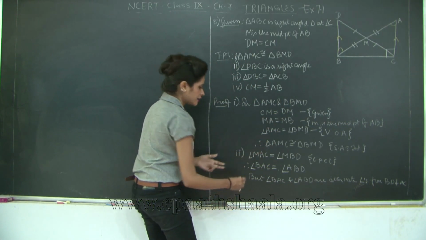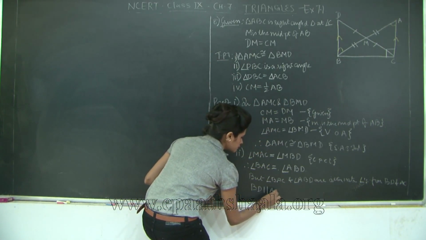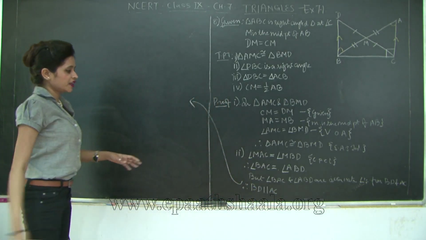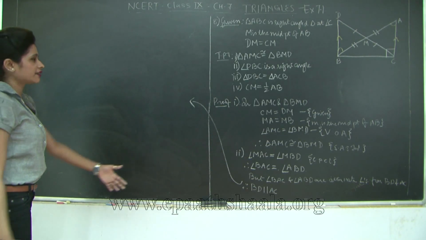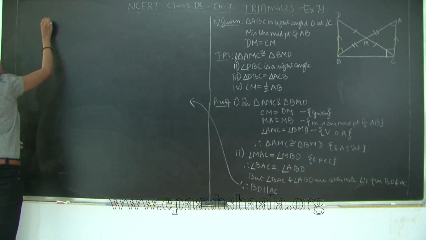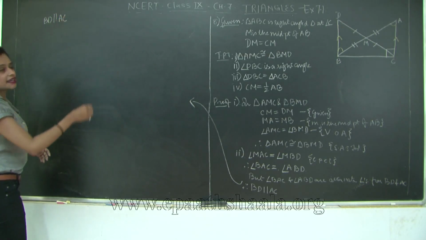That BD is parallel to AC. Correct? Let's continue on this side of the blackboard. Now, BD is parallel to AC. Therefore, what do we have? That BD is parallel to AC and BC is the transversal.